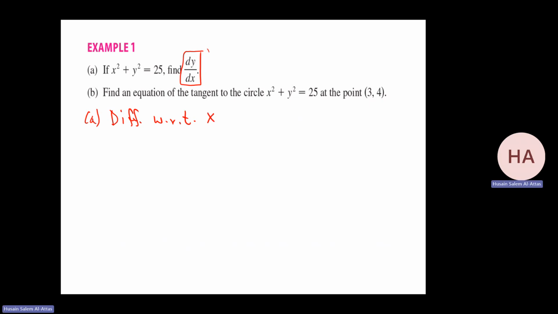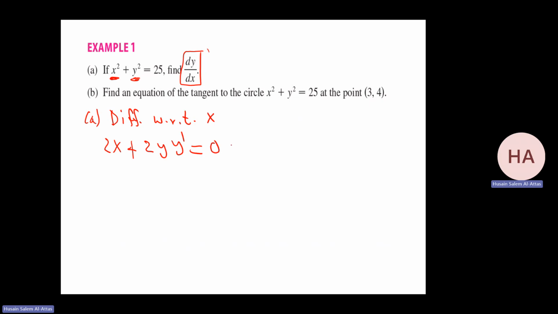What's the derivative of x squared? It will be 2x. I don't need dx over dx, which is 1. Now this is plus. When it comes to y squared, that will be 2y y prime, because I need the derivative of the thing inside, which is y. I need dy over dx, which is y prime, equals, the derivative of 25 is what?